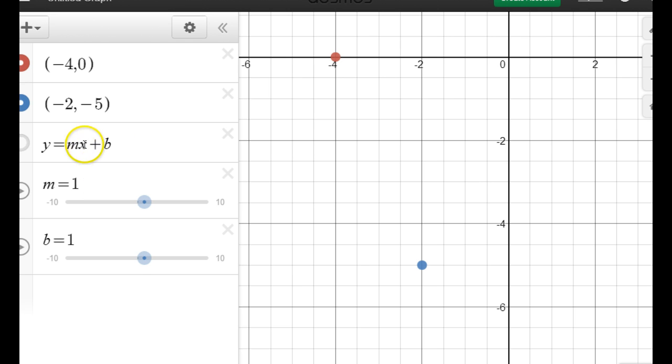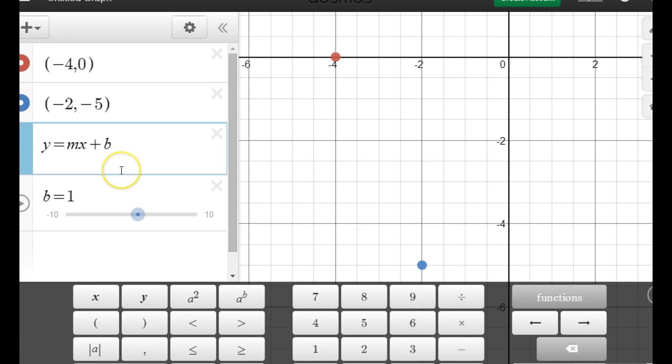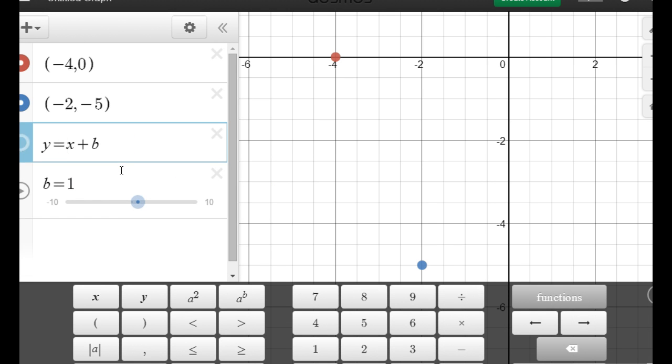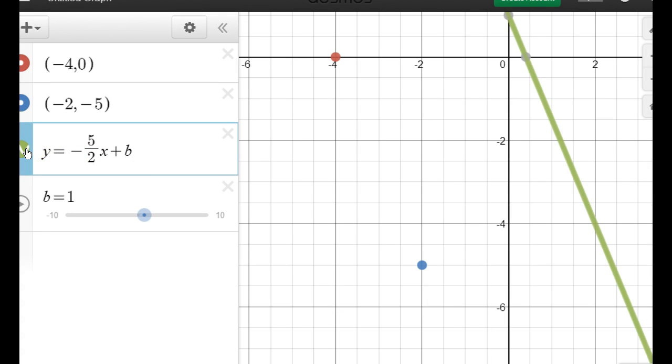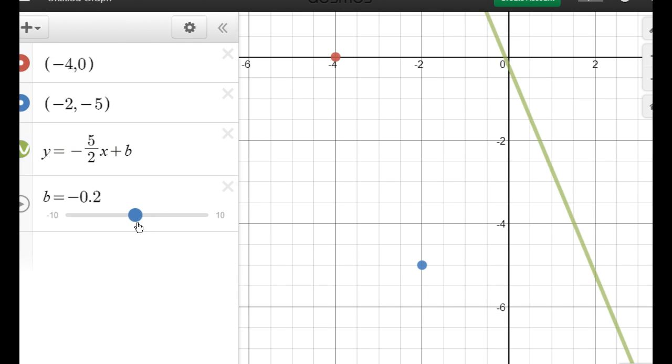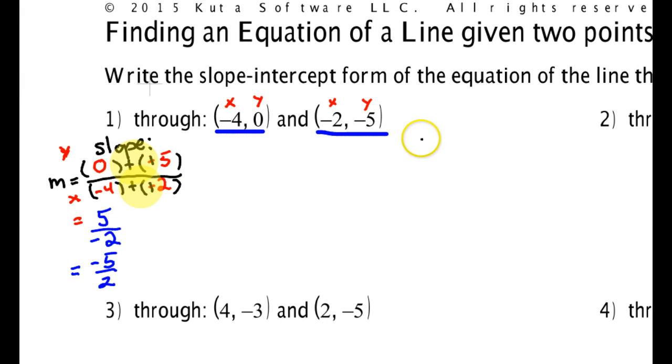So now I know my answer is going to be -5 over 2. I know the slope, right? Right now the y-intercept is at, let's say, 0. So where do I need to make this line go through in order to get through these 2 points? Right now, I still need to find the y-intercept.